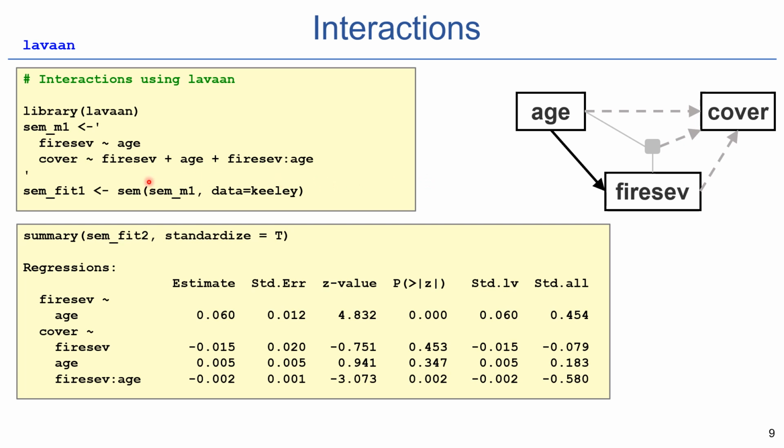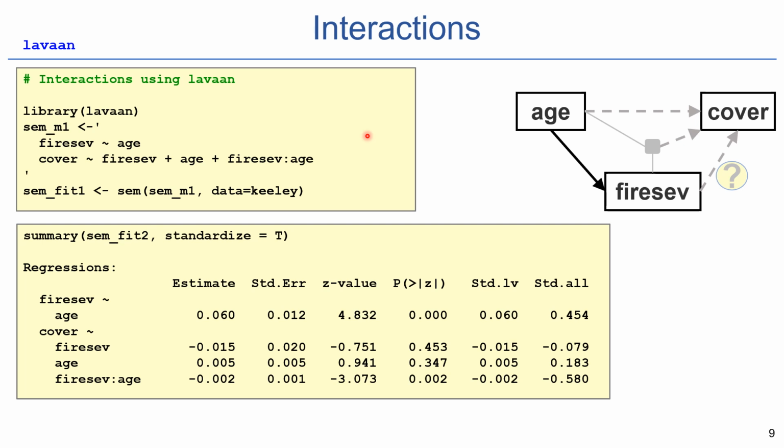But in lavaan, we have to include not only the interaction using the multiplier sign, the star, but we have to put each link separately. So we have to say fire severity plus age plus the interaction. Otherwise, lavaan will not understand the functions.